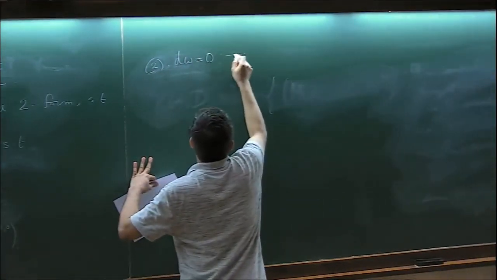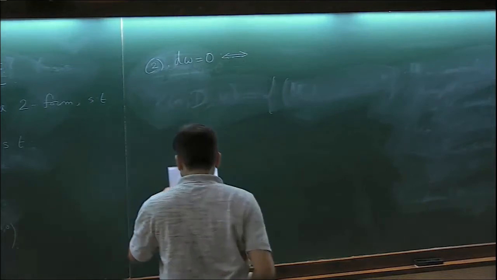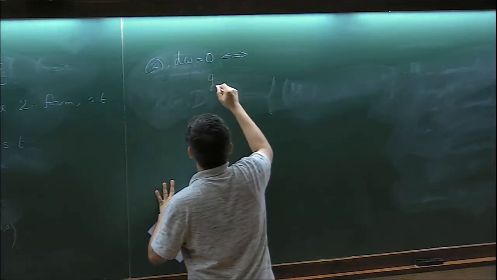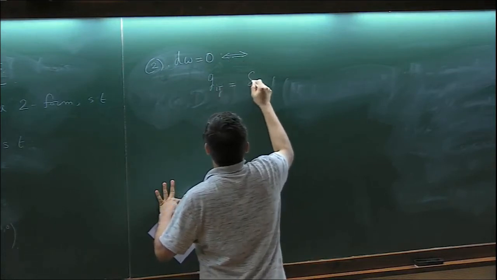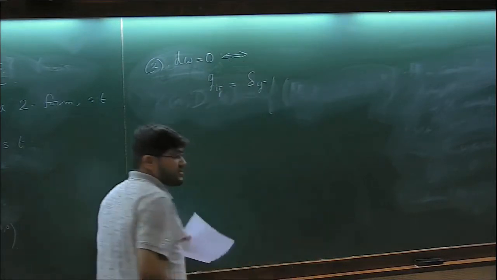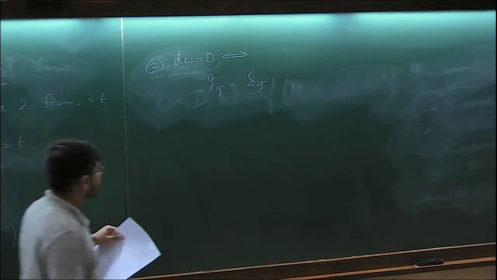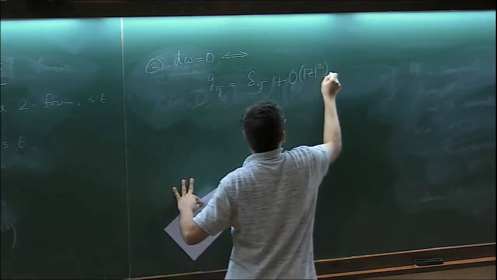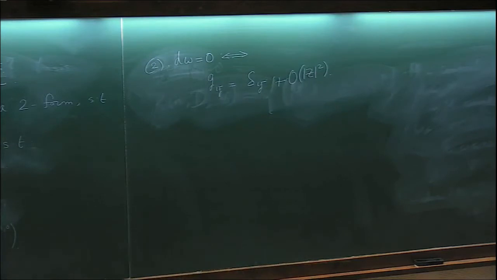So the second condition is that d omega has to be 0, which is actually equivalent to the following statement: locally g_ij is essentially given by the Euclidean Kahler form up to an error of order z squared. Right?